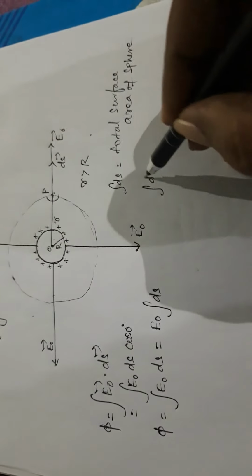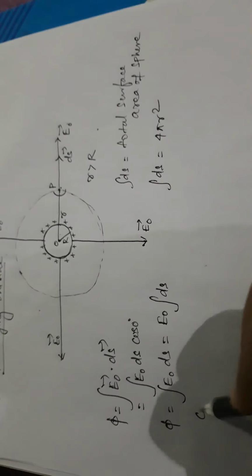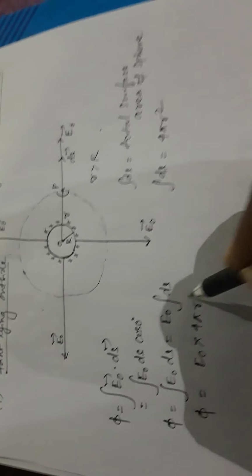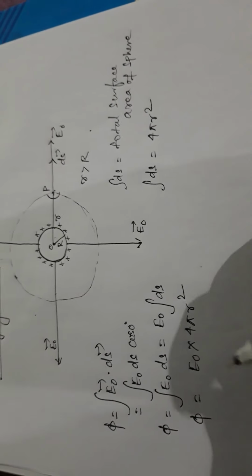So this integration ds will be how much? 4 pi r square. So this phi will be how much? EO into 4 pi r square.